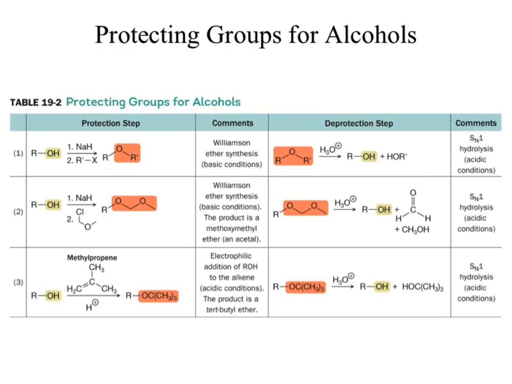We no longer have an acidic hydrogen or a protic hydrogen by making it an ether. Okay? Once I've made the ether, what do I then also have to be able to do? I have to be able to take it off. So in all of these protecting reagents, there's a process to put the thing on. There's also a process to take the thing off. You would have to know both pieces. Some of them are more straightforward than others.